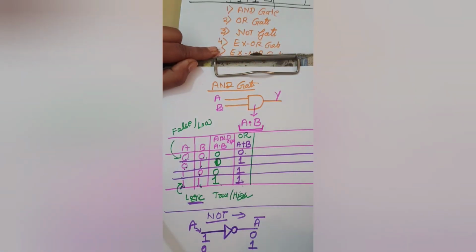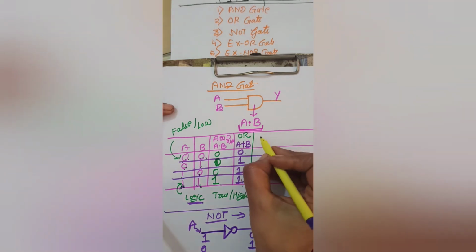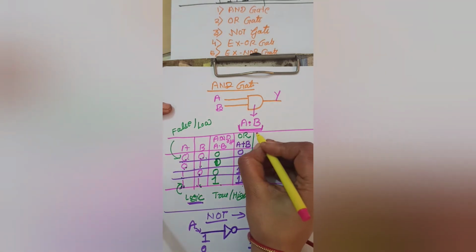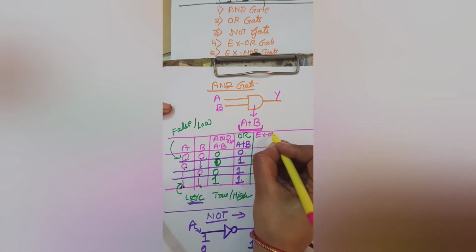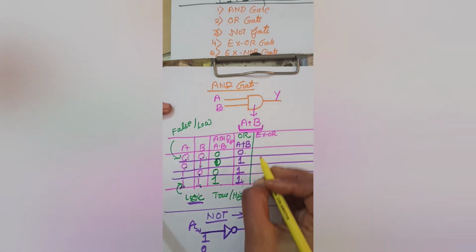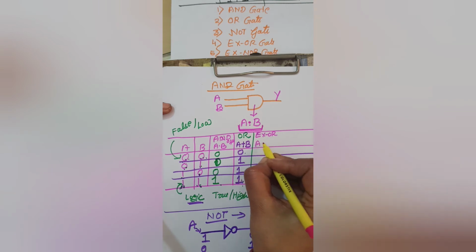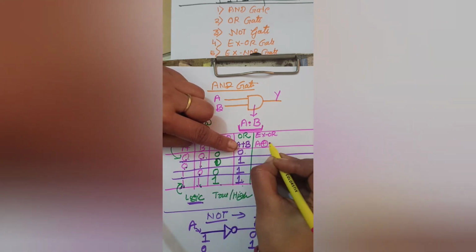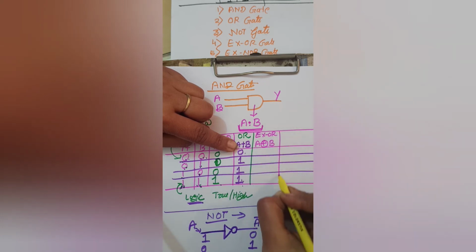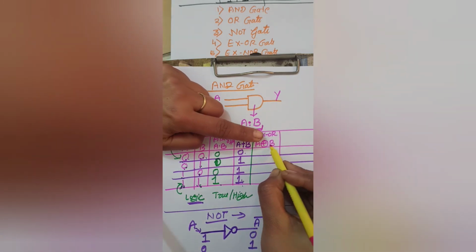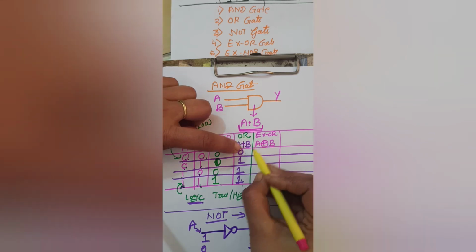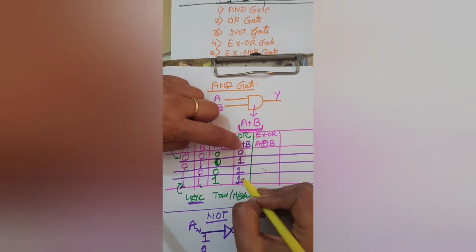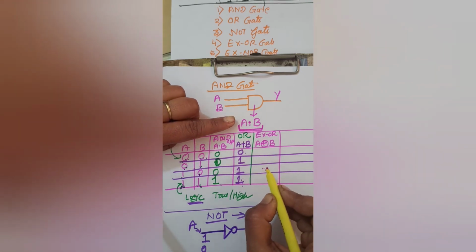So fourth one is the exclusive OR gate. The symbol of exclusive OR gate is the OR gate symbol along with a circle. Exclusive OR gate says that all the outputs will be the same as for OR gate output, only one output will change.